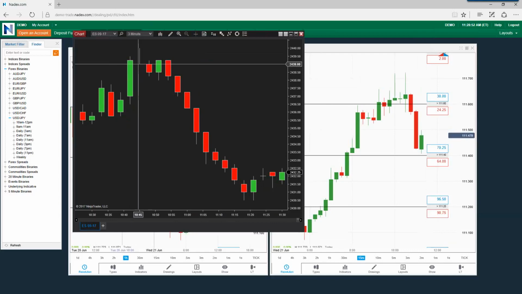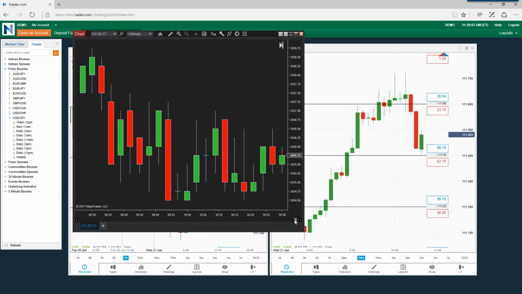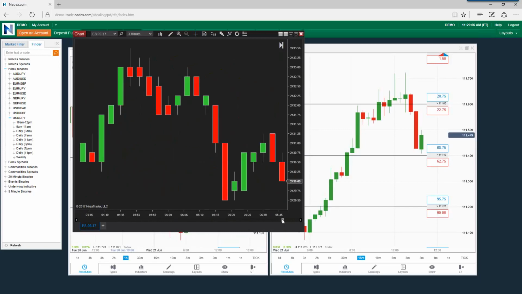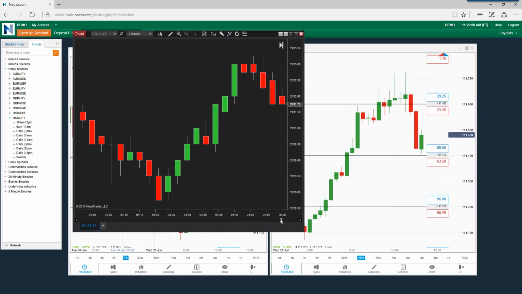So at 10:30, the opening price was 24.39, but the close of the previous bar was 24.39.25. Now, if you really want to see extreme cases of it, just look at the ES. Usually overnight, you'll see a lot of gaps in price. See, here's one here. This one closed at 24.31, but it opened at 24.31.50. Okay.